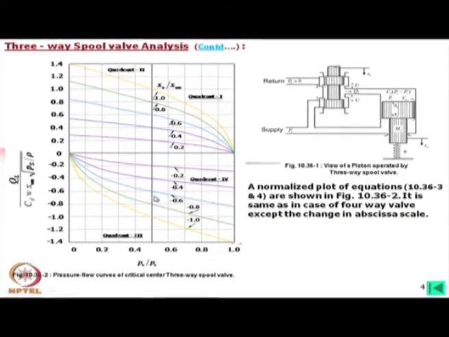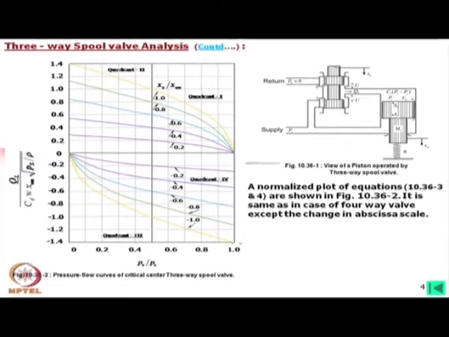If you remember the 4-way valve we have already studied, in that case you will find in this axis P_c by P_s is equal to 0 here, and then it is varying in this direction negative and varying in this direction positive.